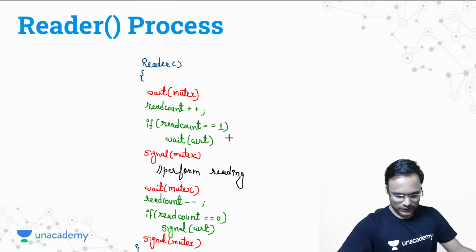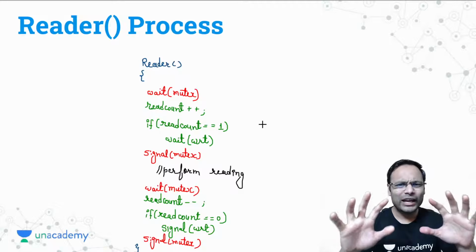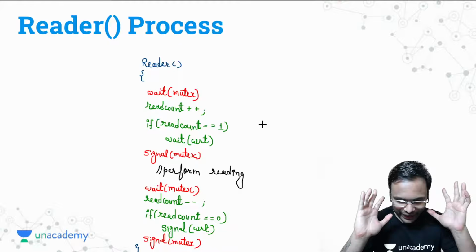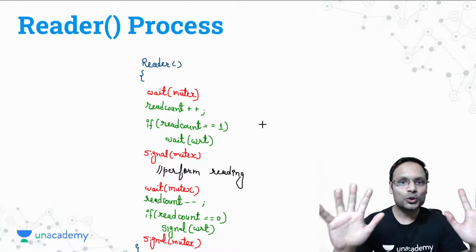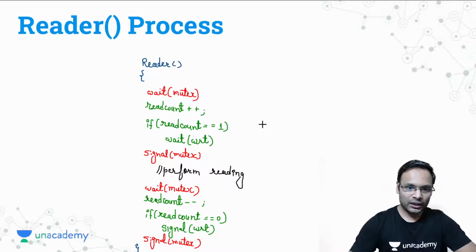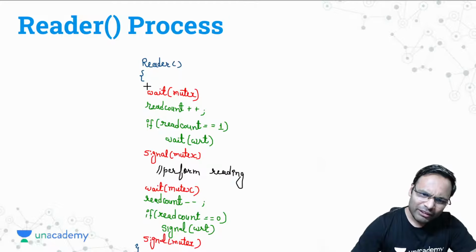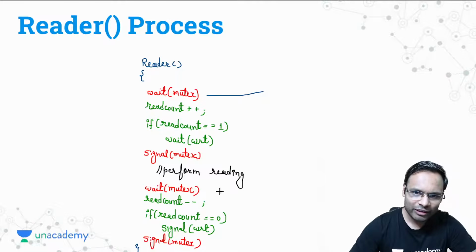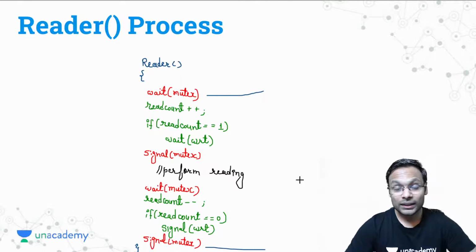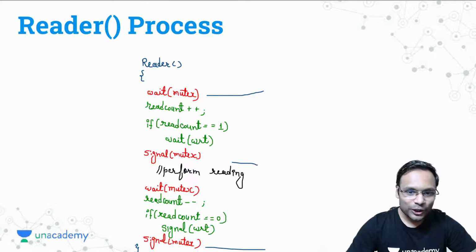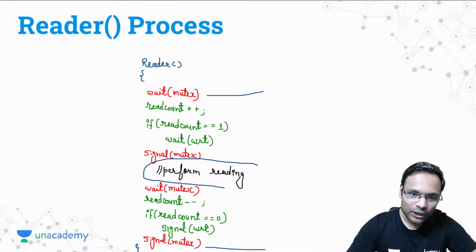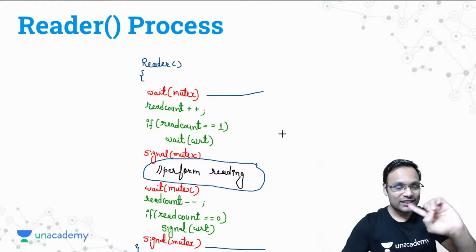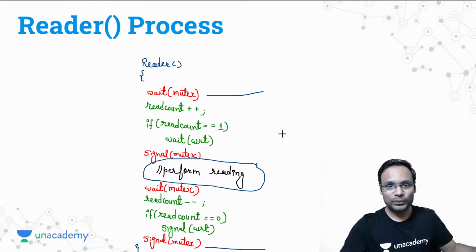That's the process. Now there are a few very common questions students ask here, and I would like to address all those questions. First question: sir, why have we written wait and signal multiple times? Instead, we could have only one wait here and one signal here. In that case, you will protect this reading also. Right now you can see this perform reading is not inside wait and signal mutex.